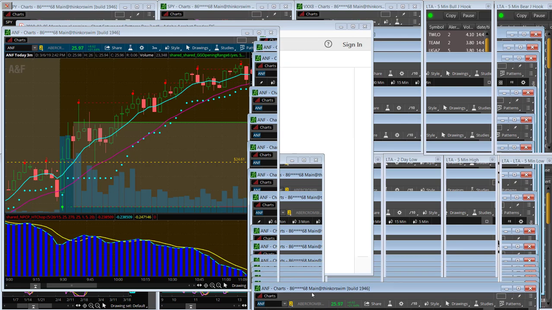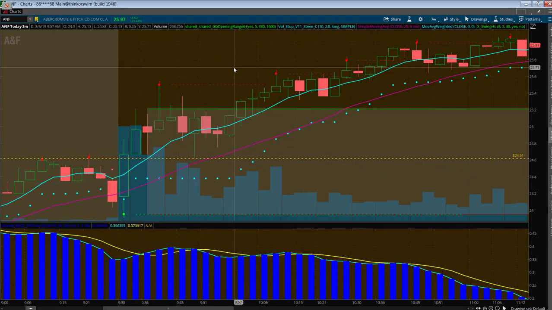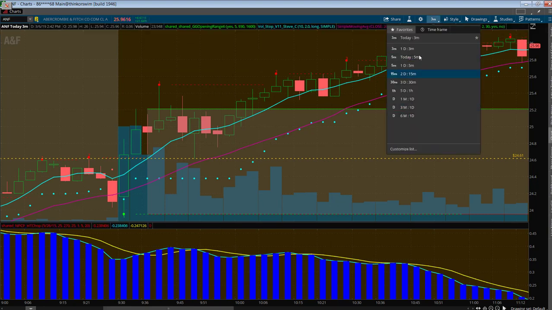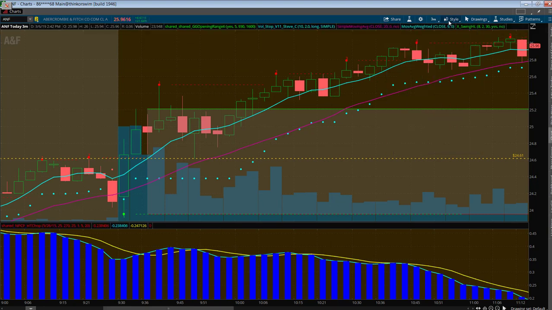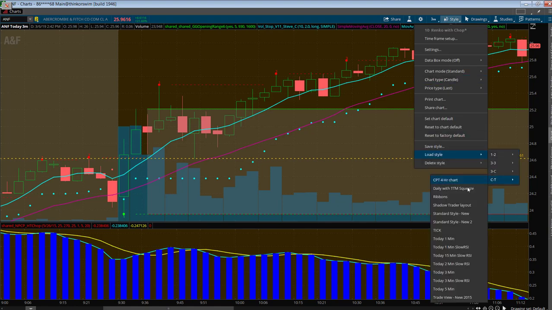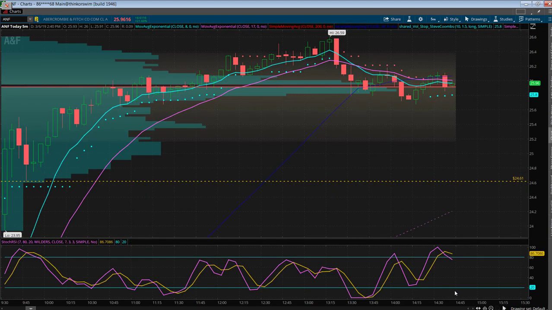Right, I was going to move to different time frames here. Let's go here one second. Let's go to style, load style, today 5 minute. Oh, right. Okay. Yes, it does.